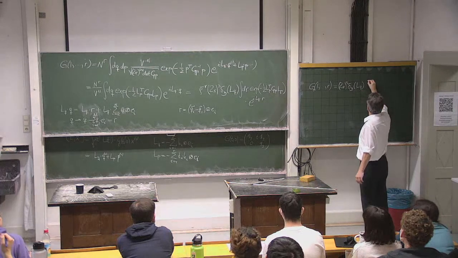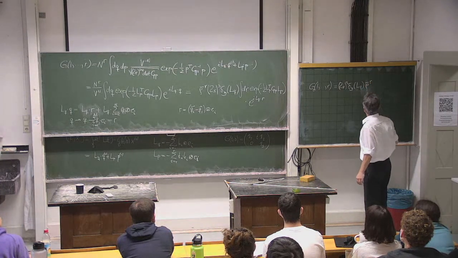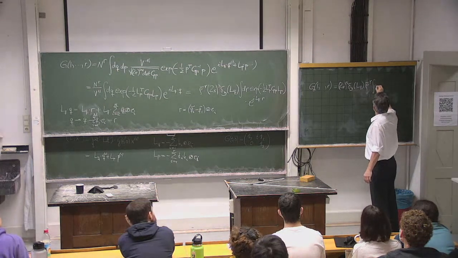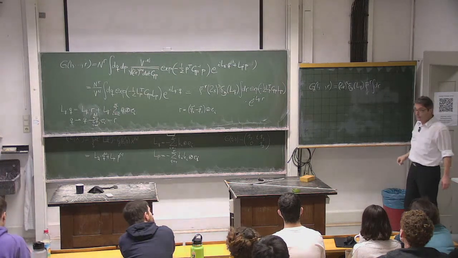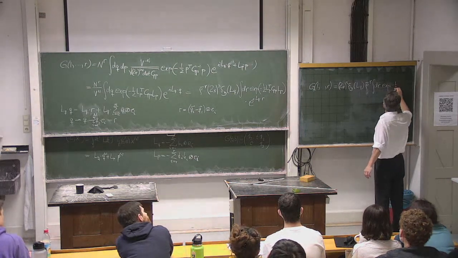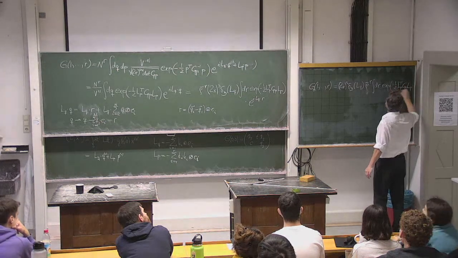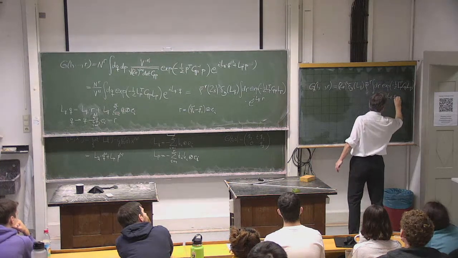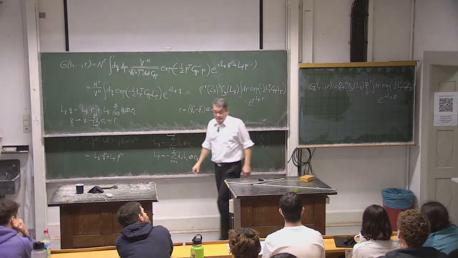Then we have rho bar to the power of R, now an integral over the remaining relative particle contributions, Gaussian times the Fourier factor.